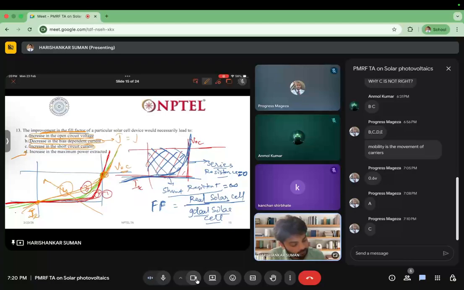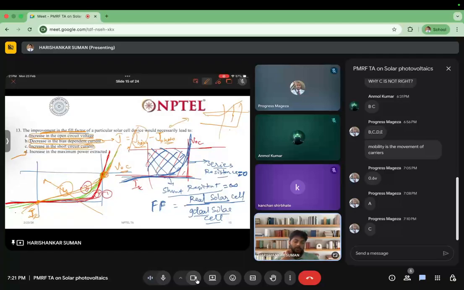J total is J bias, or J junction, and J photocurrent. If J bias is less, the total current will get high.